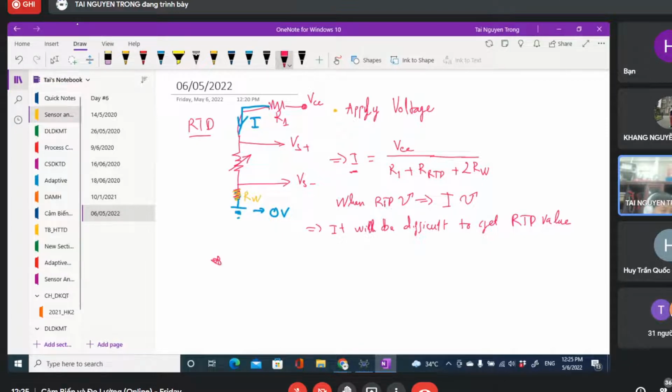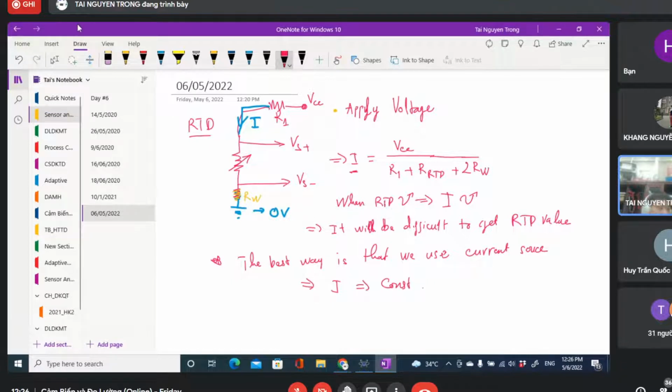The best way is that we use the current source. And the current source will be constant.